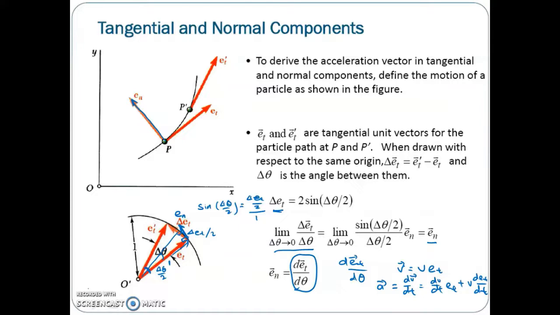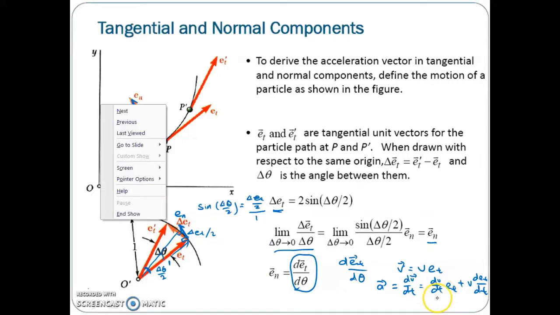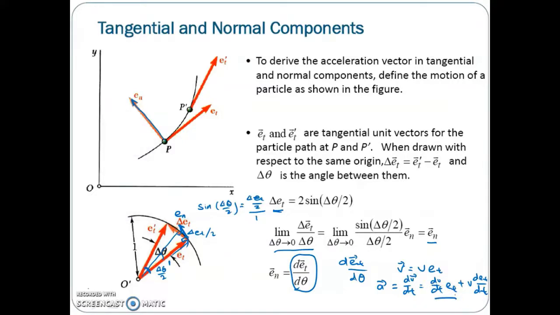You can see that the acceleration now decomposes into two components: one in the direction of e_t, and another one, v de_t/dt. With the relationship of the e_n vector that we have built just now, we can later determine these components in terms of the e_n vector.